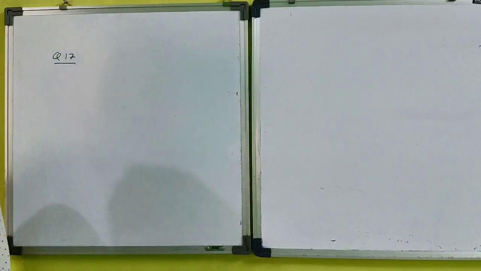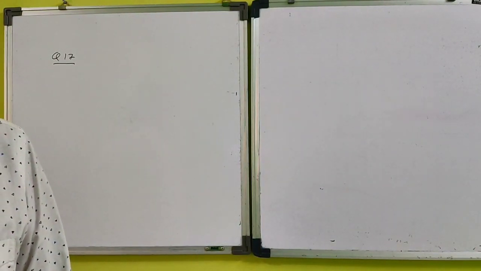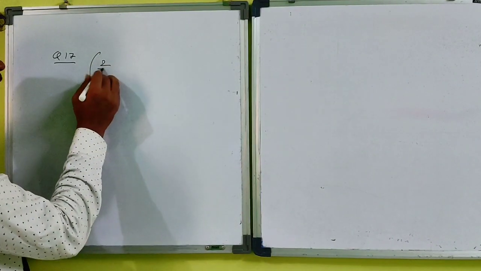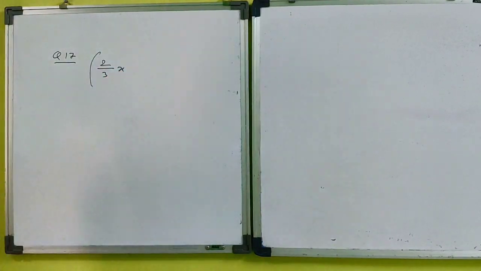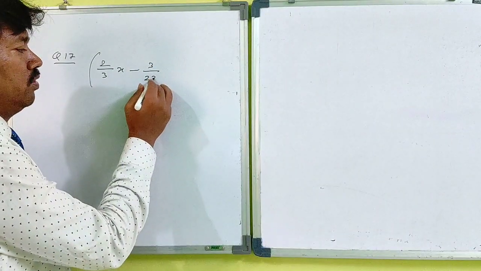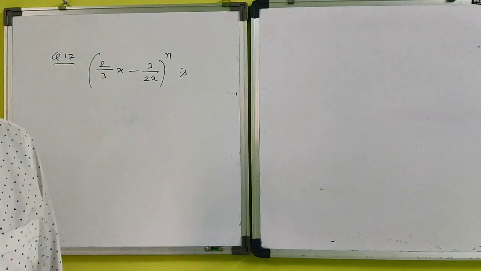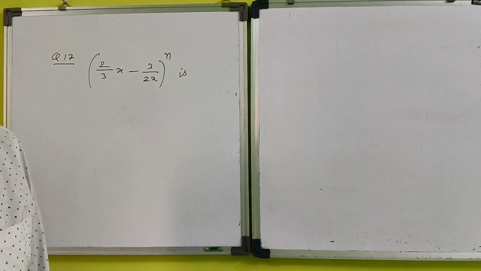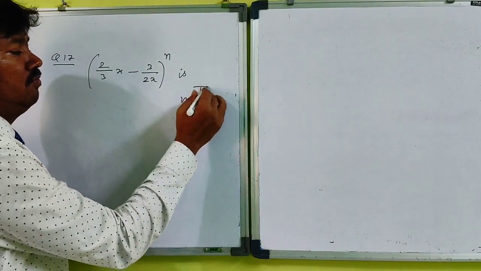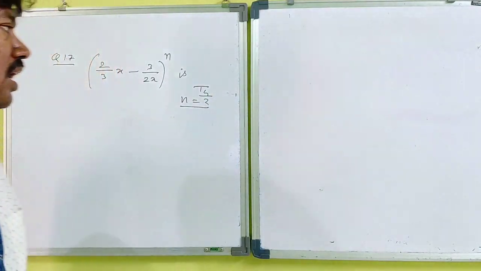Question number 17 is that if the fourth term in the expansion of 2 by 3 x minus 3 upon 2x raised to n is independent of x, then what is n? T4 is a term independent of x, then what is the value of n?